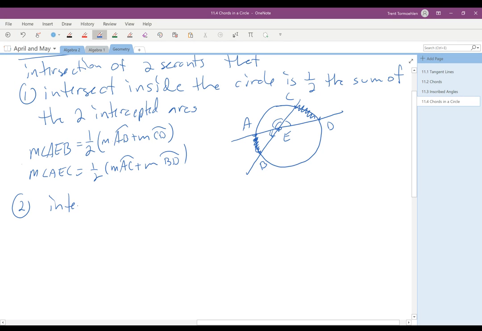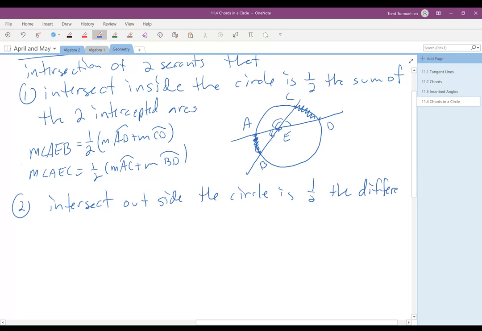if you have two secants that intersect outside the circle. The measure of the angle formed by two secants that intersect outside the circle is one half the difference.